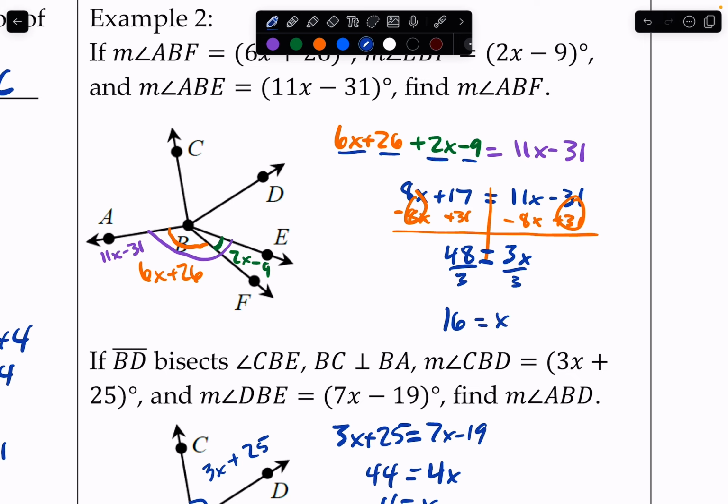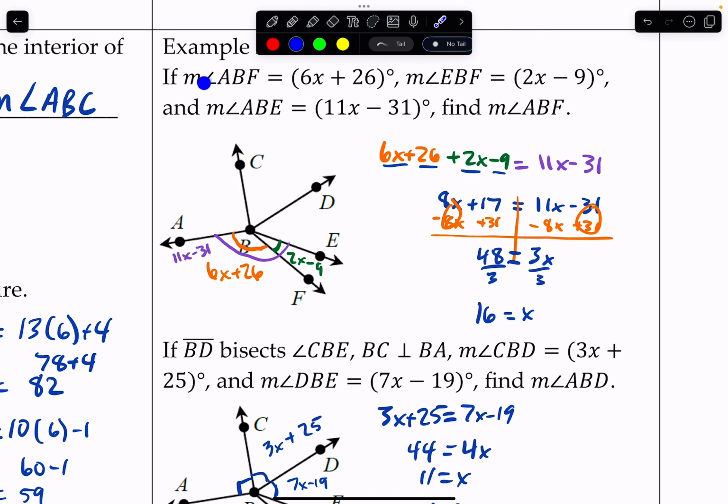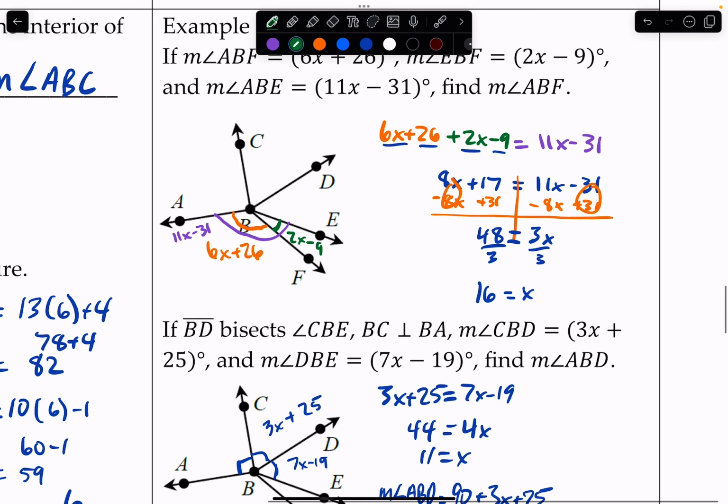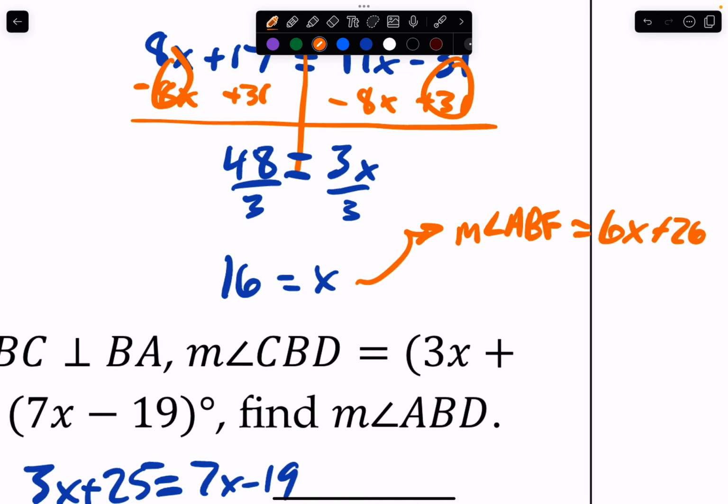Now the question wasn't what does x equal, the question is what does ABF equal? If you go back into the problem, we can see that ABF is 6x plus 26. Let's write this whole thing out: the measure of angle ABF equals 6x plus 26.